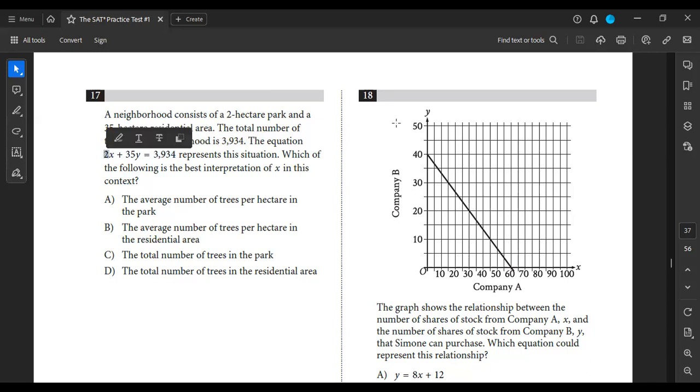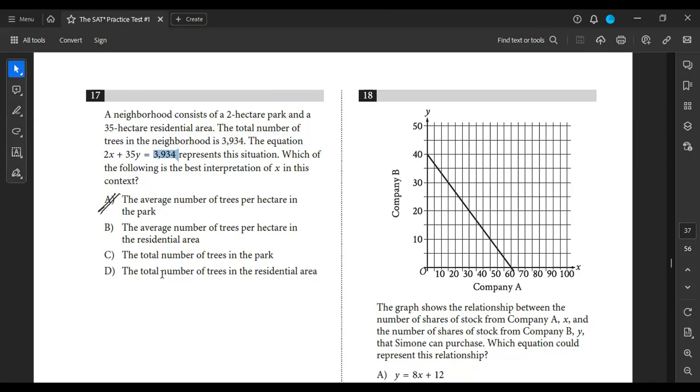Okay, so can anyone tell me right away without wasting too much time? Choice A. Exactly, right? Because it can't be the 2, because the total trees is 394. So anything with total, we can kind of forget about that.